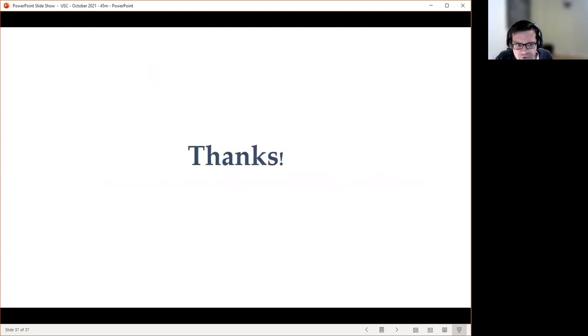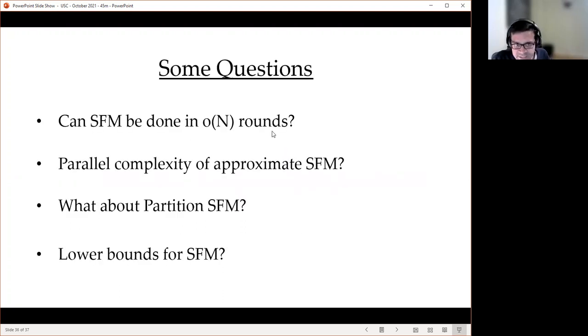A few questions I'll end with: one question I already asked, can you do it in a sublinear number of rounds? We have been looking at exact algorithms, but we can ask, suppose I want an epsilon additive approximation. Can you do that in much fewer rounds? That answer might be yes.